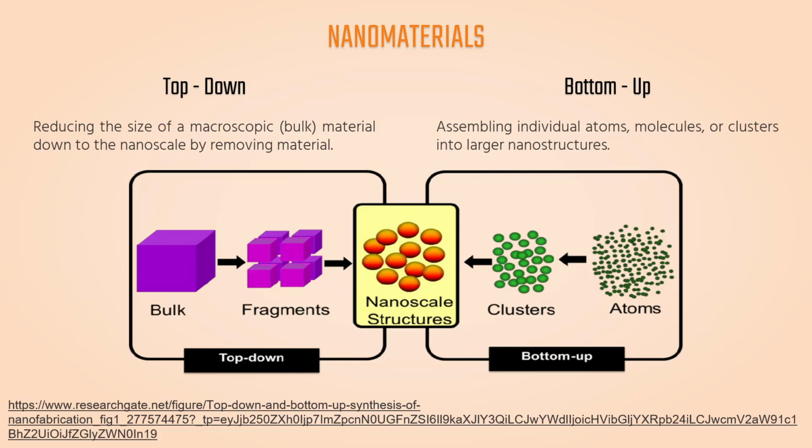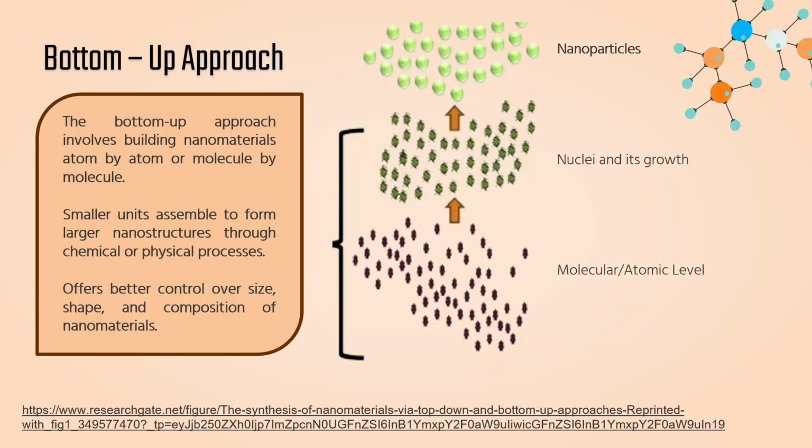On the other hand, the bottom up approach involves assembling individual atoms, molecules, or clusters to form nanostructures. The diagram shown here clearly illustrates the difference between breaking down bulk materials and building nanomaterials from atomic or molecular levels. Among these two approaches, my presentation mainly focuses on bottom up approach.